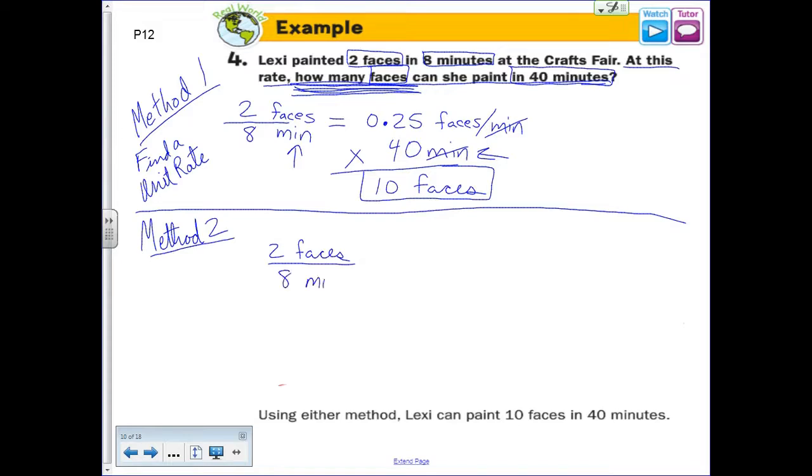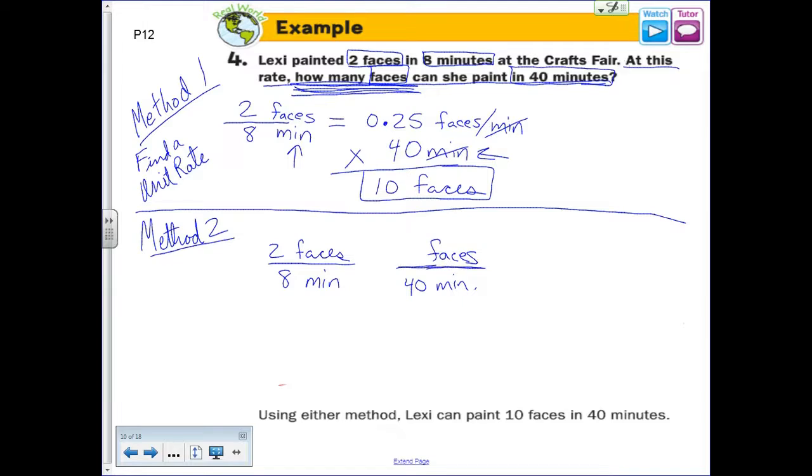But what I want to know is how many faces can she paint in 40 minutes? We can use something that's called a proportion in order to figure this out.